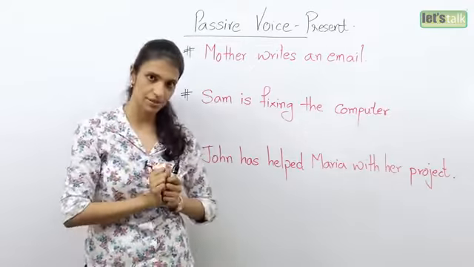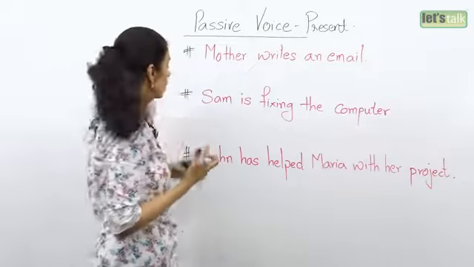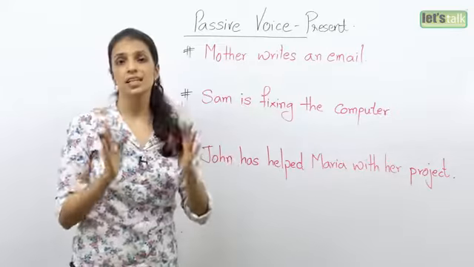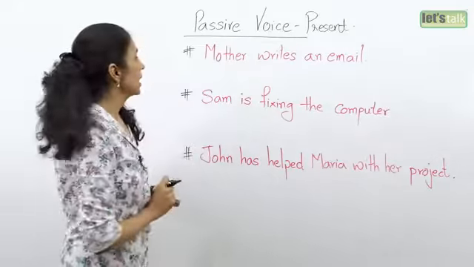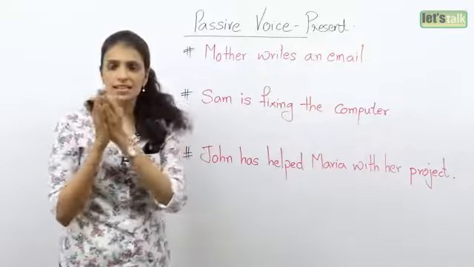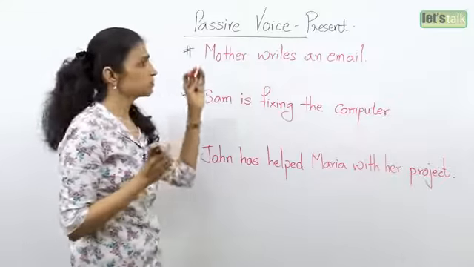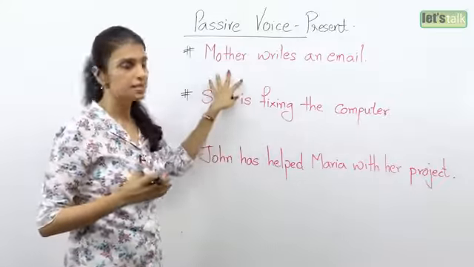So now we're going to see how we use the passive voice, or how do we make passive voice sentences in the present tense. Now in my first sentence, mother writes an email. So since we're just beginning, let's understand what the subject and the object is in the sentence.